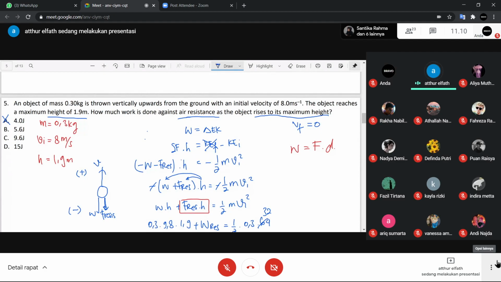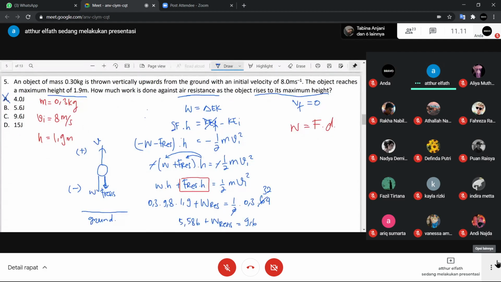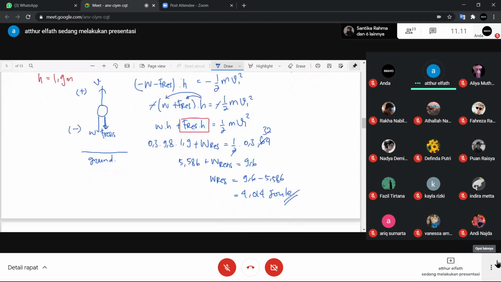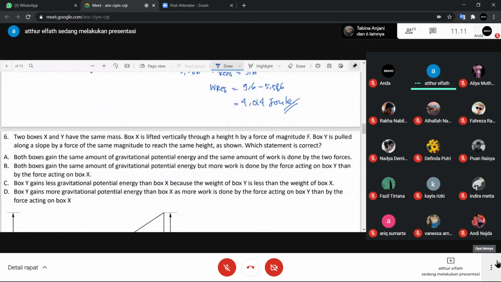Then you have to draw a figure of this case in order to know the direction of force, and then analyze which of all the formulas you know can help you solve this problem. Like in this case, I use this formula to solve this problem.